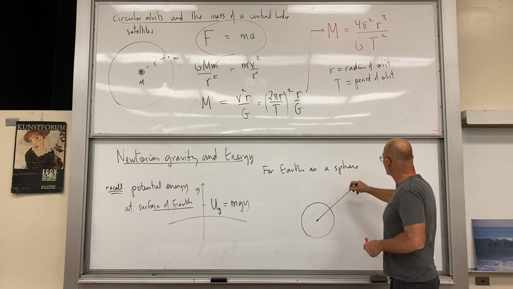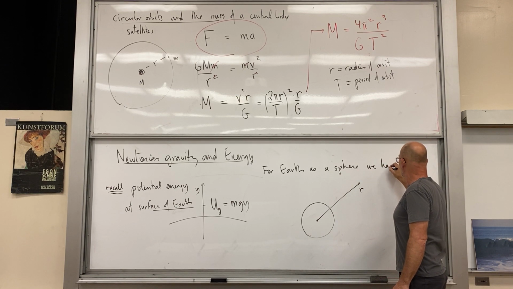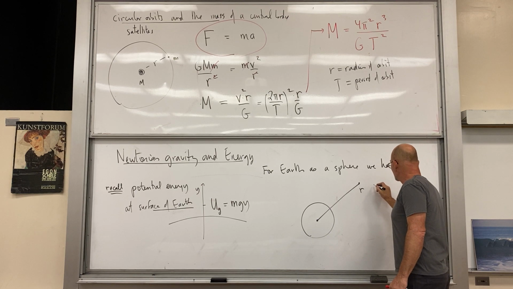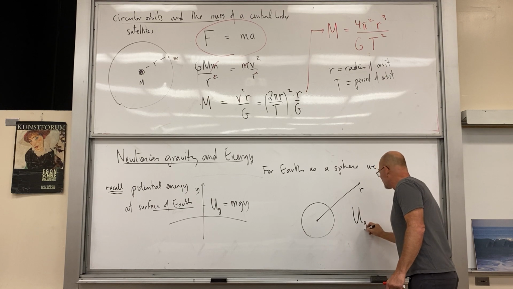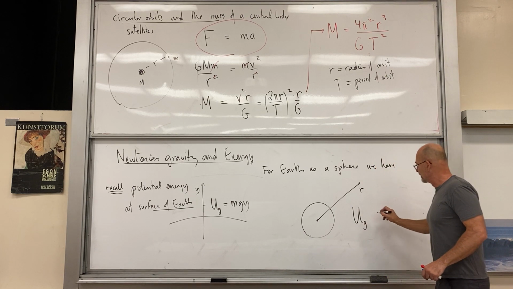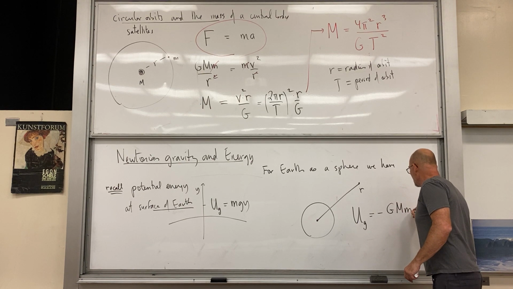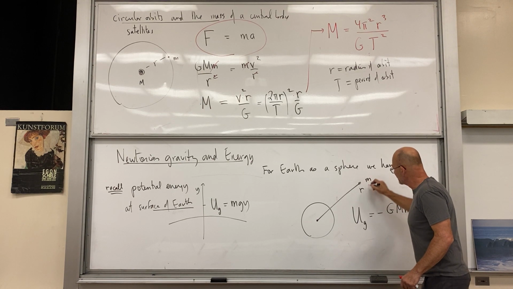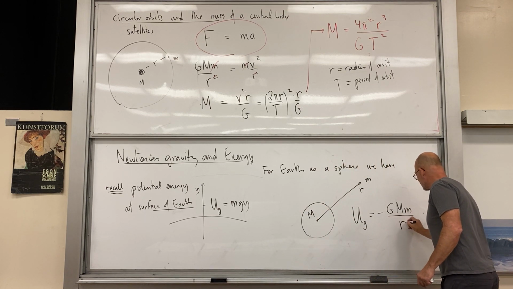And so for Earth as a sphere, we have potential energy, using the same letter, U, equal to minus G, with a little m here, capital M here, over the distance r.